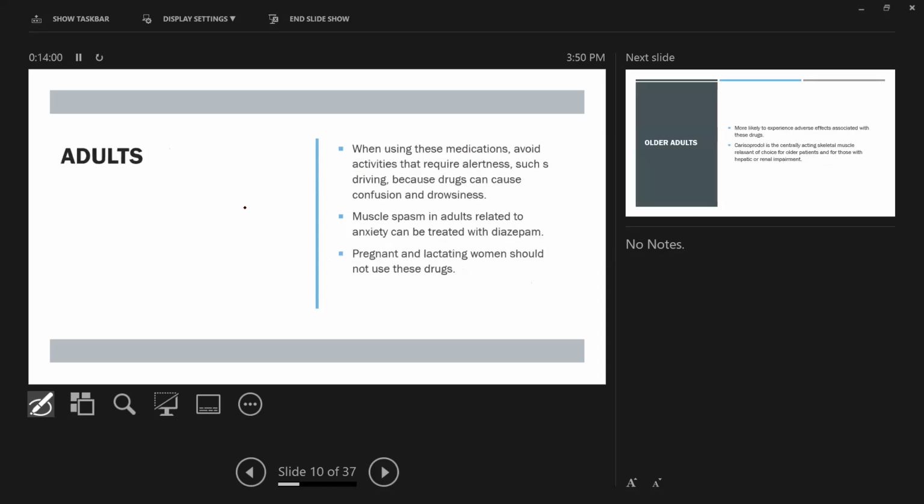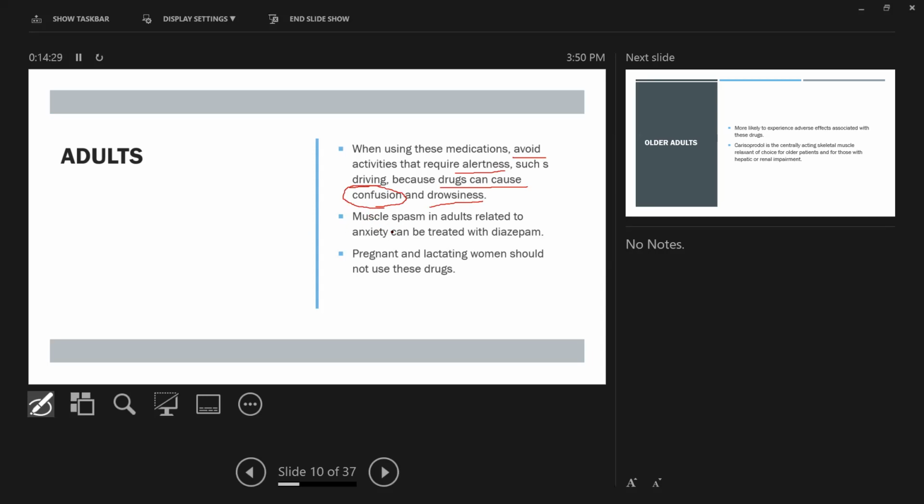In adults, when you use these medications, avoid activities that require focus, that require alertness. They shouldn't drive, or operate heavy machinery, or make important decisions because of the tendency of these drugs to sedate. And especially in elderly people, they can cause confusion.